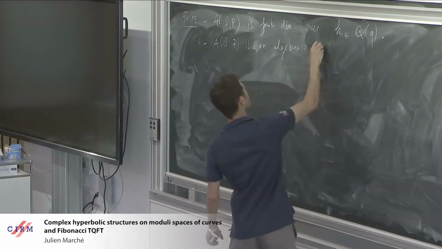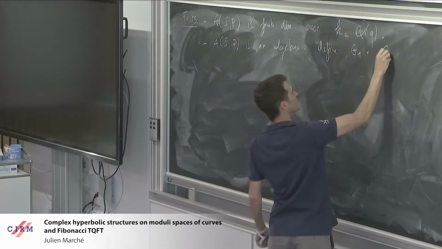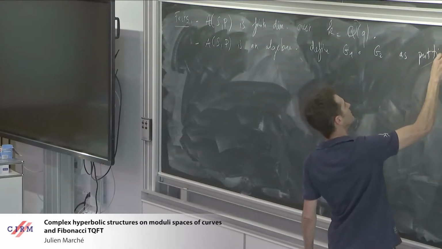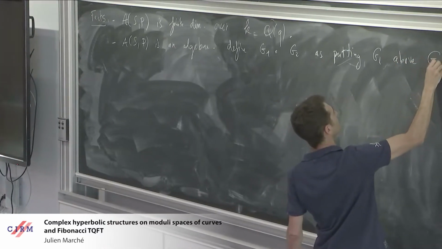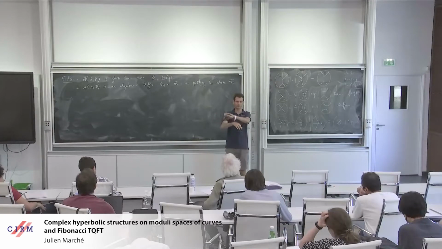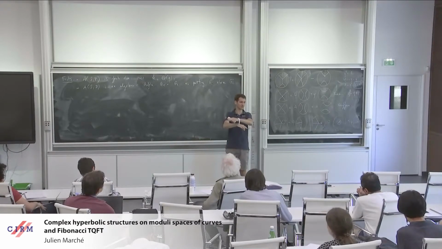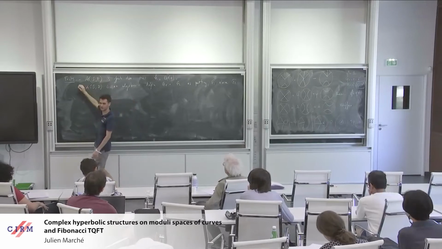So to define G1 times G2 as putting G1 above G2. Okay, you just put one over the other, and you find many crossings, and you decide that this is the product of G1 and G2, and you check that this is an associative algebra structure. Okay, this is not very hard to prove.